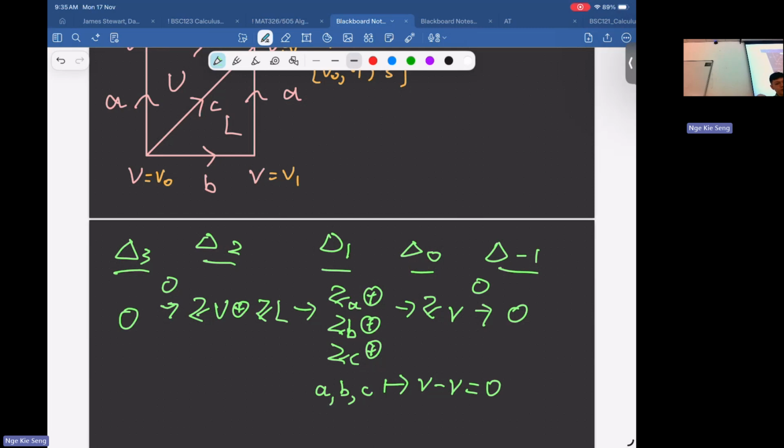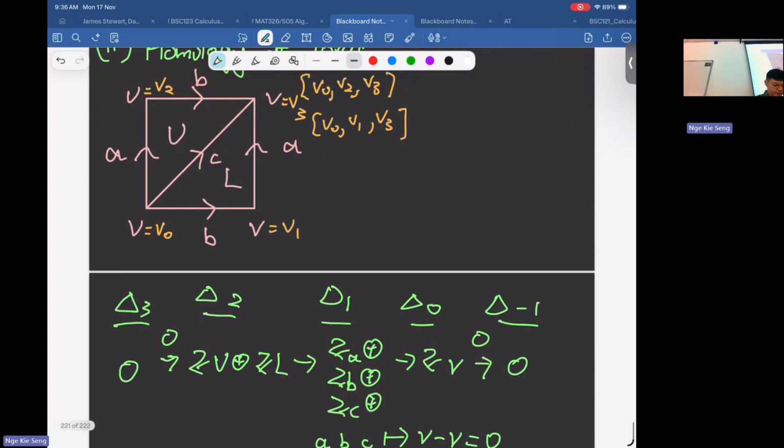How about U and L here? Also, we choose the orientation for them. Orientation like that.